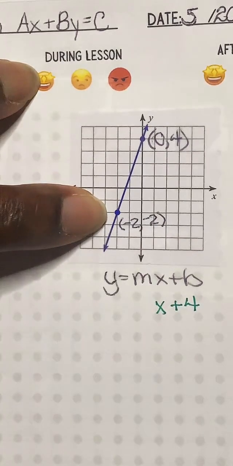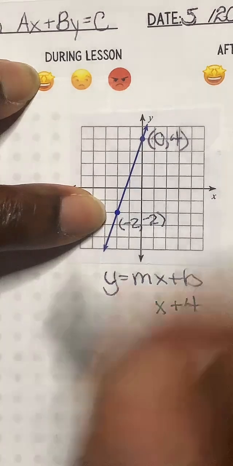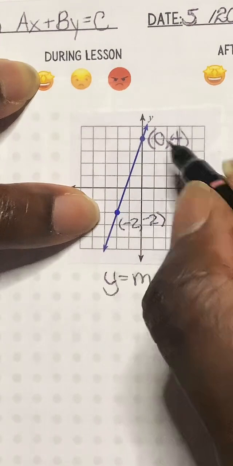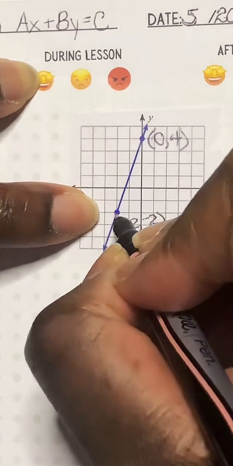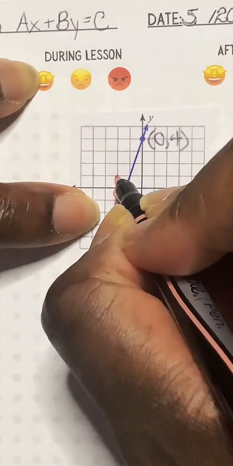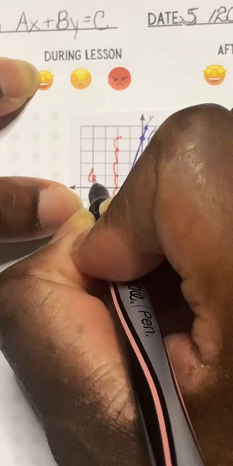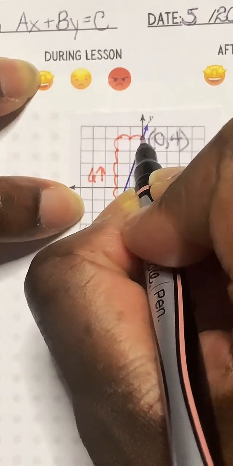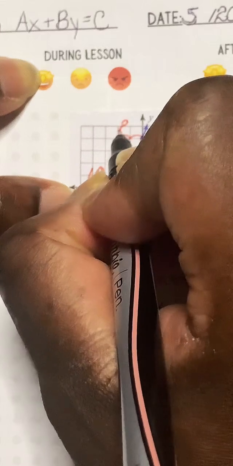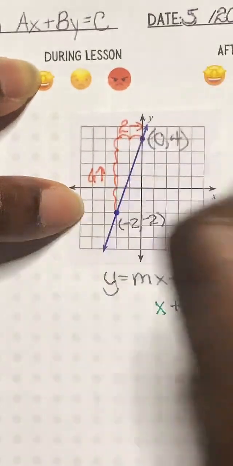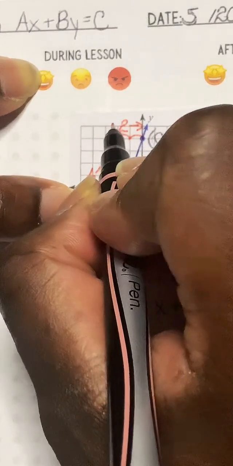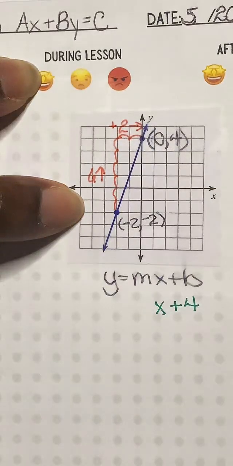So from this point, where's my orange? Having complications. Okay, we can go from this point to this point. So I'm going up 1, 2, 3, 4, 5, 6. So since I'm going up 6, and then I'm going over 2 to the right. So if I'm going to the right, that means it's going to be a positive 2.